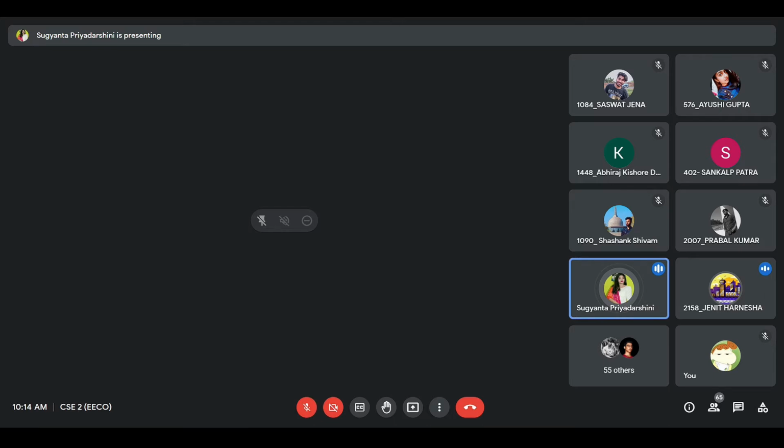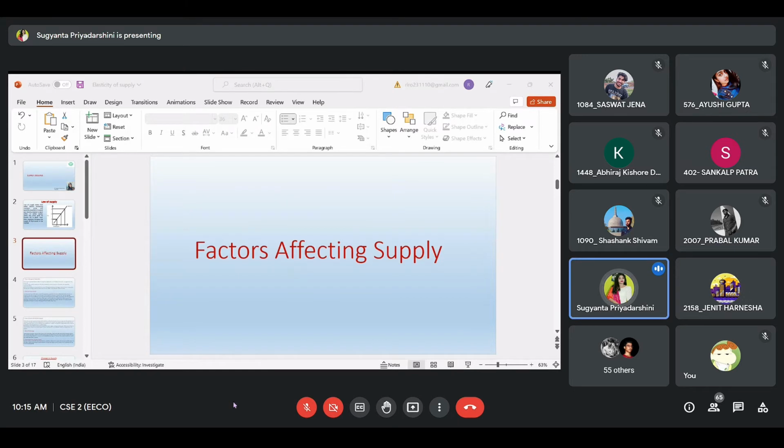That means for any random thing, we will be talking about the relativity. We are not simply focusing on any specific ones. Is it understood? Yes. Okay, so let's get started with factors affecting supply and demand.